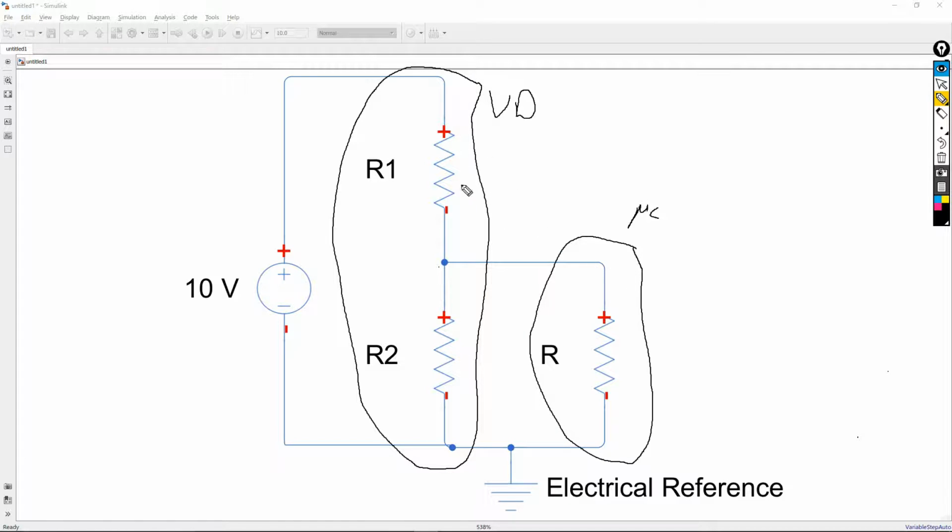Instead of just having two resistors in series, now I have another resistor connected with R2 in parallel. So really the equation I showed you in the last video no longer holds true, and you cannot use that equation anymore to get a 5 volt signal here. This problem is called resistor mismatch. You have an extra resistance here which you don't really want. So let's see what we can do to get rid of this problem.